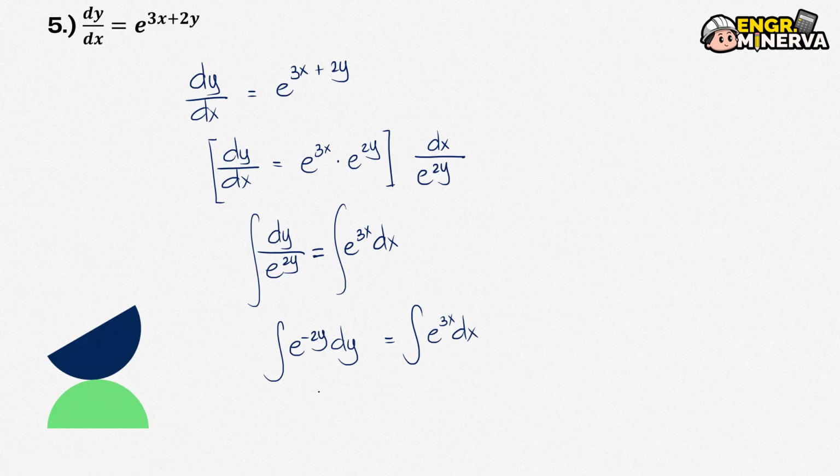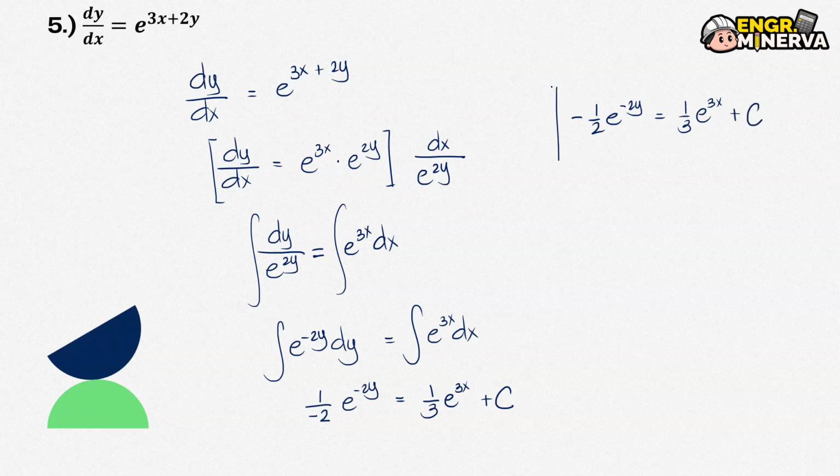So that would be 1 over negative 2 e raised to negative 2y equals 1 over 3 e raised to 3x plus c. And if you want the simplest version, that would be negative 1/2 e raised to negative 2y equals 1/3 e raised to 3x plus c.